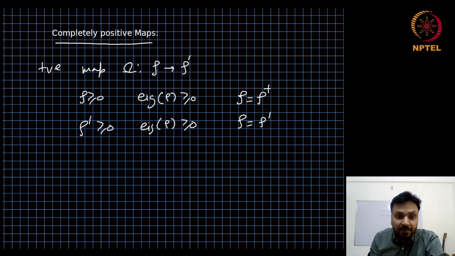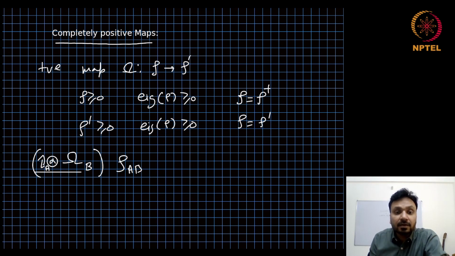Now, what will happen if we apply this map omega, which is a positive map, on one subsystem of a larger system? So if we are applying omega on subsystem B and nothing on subsystem A, we can write it as I tensor omega. I means applying nothing, identity operation. And if we apply it on a bipartite state, rho AB, which is a mixed state or pure state, doesn't matter.